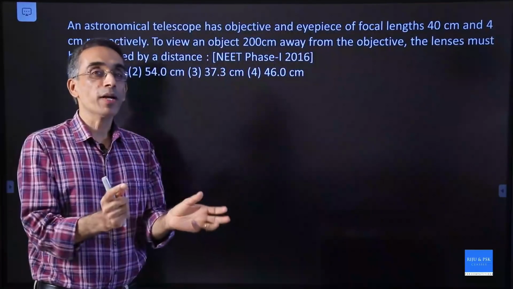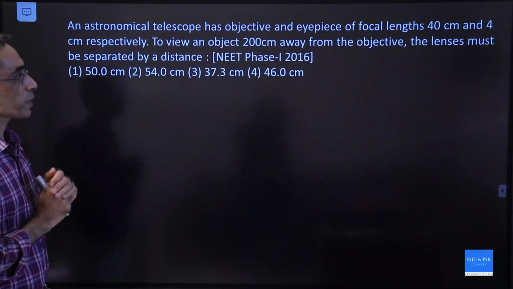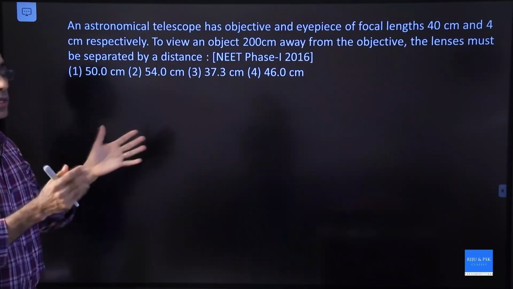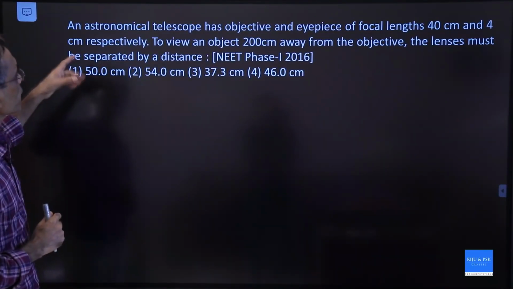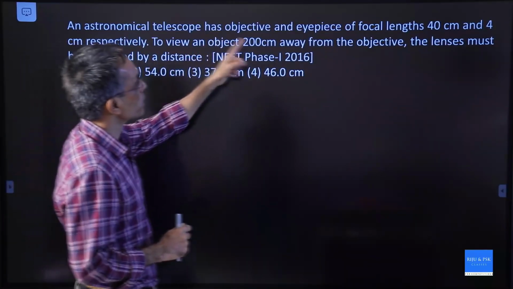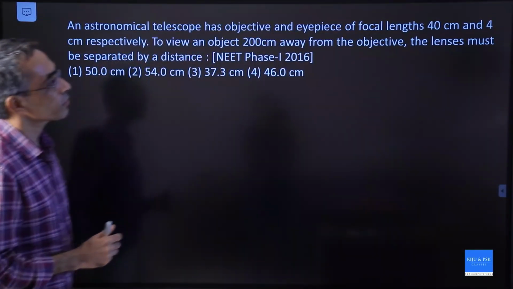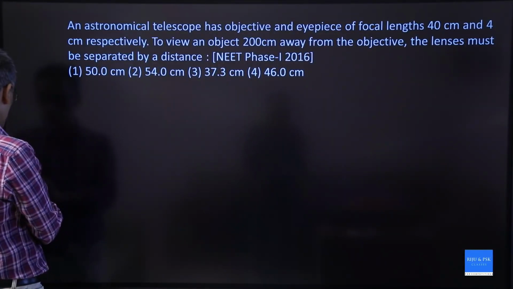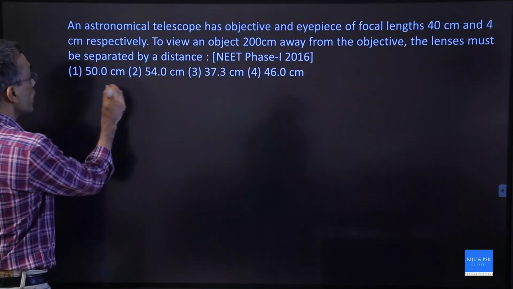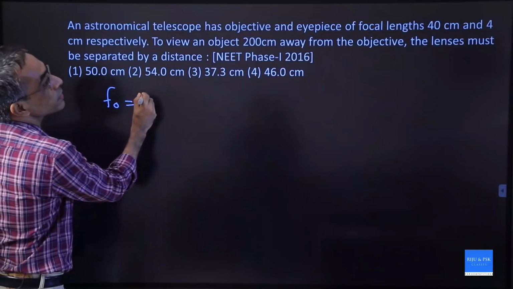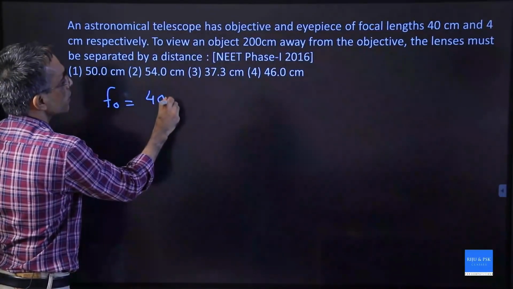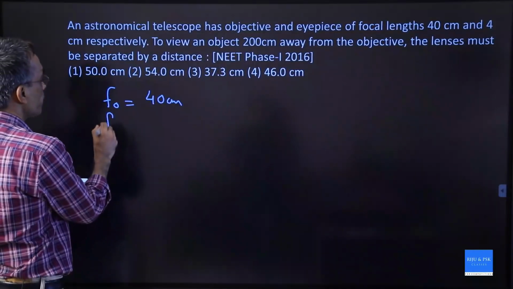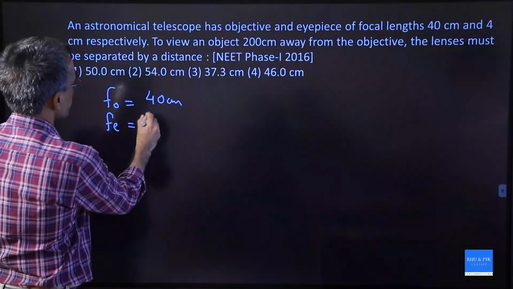Again a different question from astronomical telescope, because in astronomical telescope you always use the equation fo by fe for the magnification, but here this is something different. Astronomical telescope has an objective and eyepiece of focal length 40 and 4 centimeters. So focal length of the objective is given as 40 centimeter, and that of the eyepiece is given as 4 centimeter.